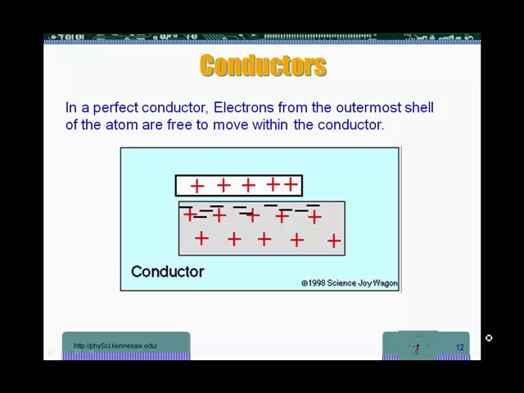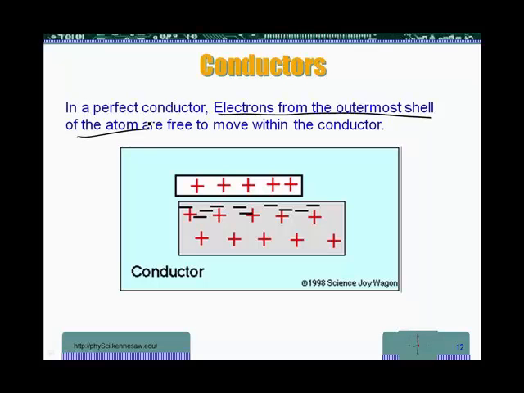Now, what we define as a conductor is a material where the electrons, remember all materials are made up of atoms, but in the case of the conductors, electrons from the outermost shell of the atoms that make up that material are free to move within the conductor.